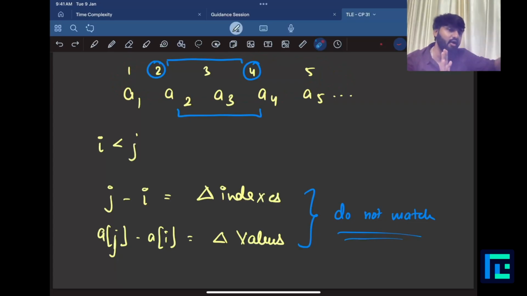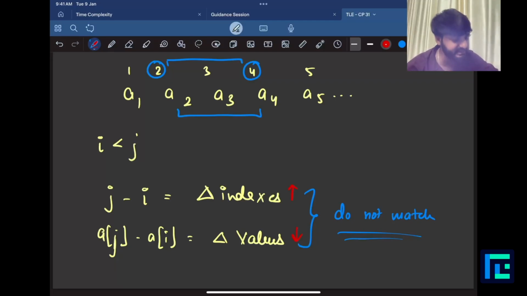Now if you consider all deltas, they will be on the positive side. If I know that this delta of indexes is going in that direction, then if I somehow do just the opposite for delta of values, as in if I pick up 2 and 4 and their difference is positive, what if I make sure that those value differences are negative? If I do that, then I am always making sure that they never match.